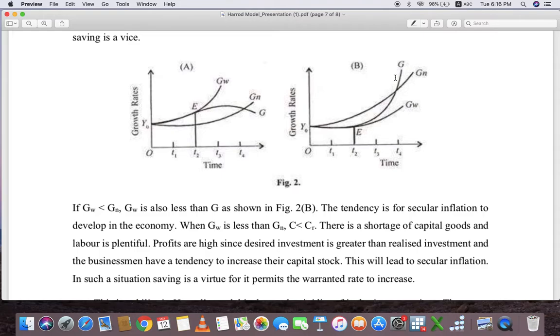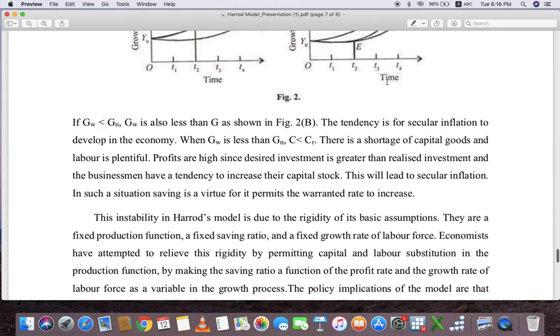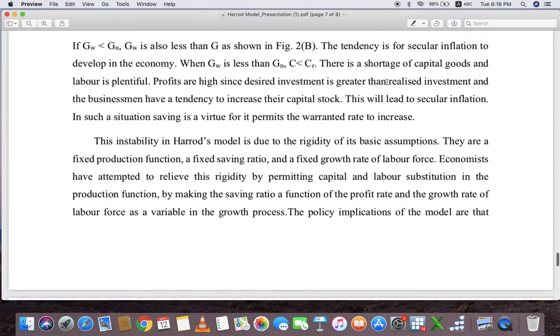So, demand for investment, and demand for commodities, goods and services all increase at the same level. Therefore, the growth path G actually surpasses the GW path, and there is excess demand in the market. As a result, the economy will fall in the clutches of secular inflation.